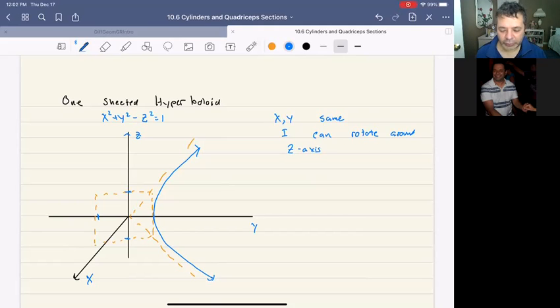So when I rotate this around the z-axis, that means I'm going to get the same thing over on this side, and I'm going to get something rotated around here.